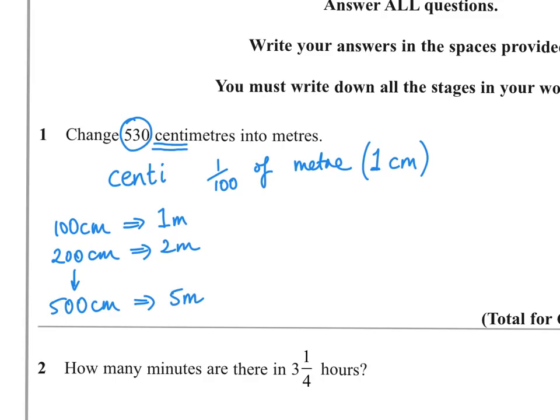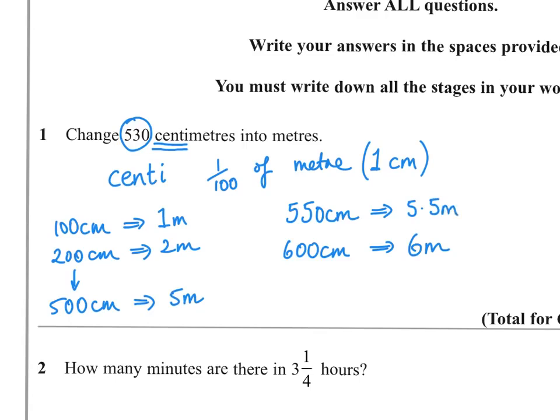Now, this is where it gets a bit tricky. So this is where some students find this quite difficult, and I can completely understand. What do you think 550 centimetres would be? Well, if 600 centimetres is 6 metres, then 550 centimetres would be 5.5 metres.